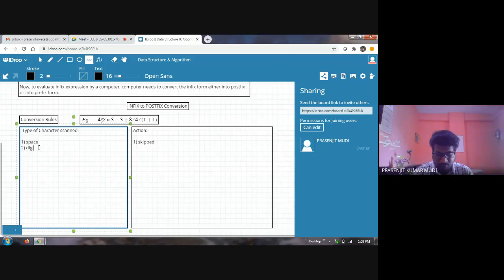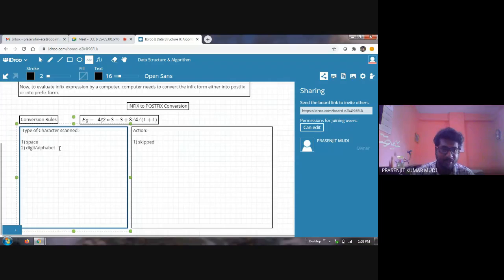Then digit or alphabet. Digits, 0 to 9, 10 digits are there. All those 10 numerical digits are also characters. And for alphabets, there are 52 characters corresponding to 26 English alphabets, uppercase and lowercase.